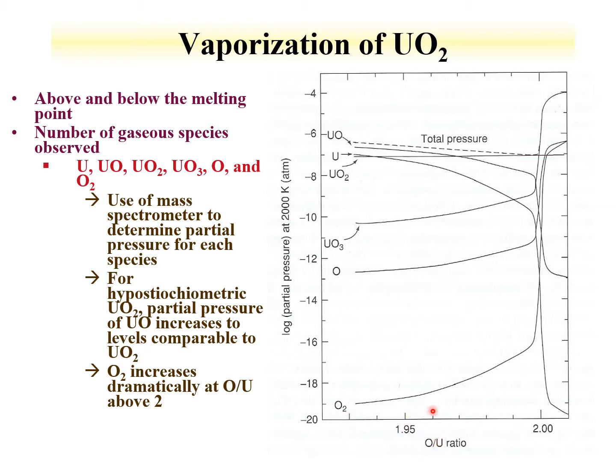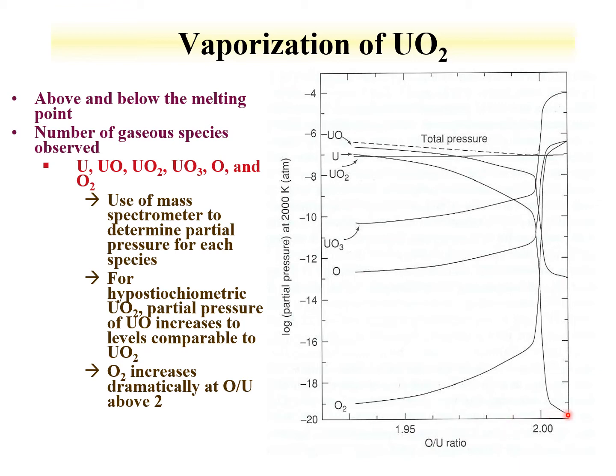And again we see, as we hit 2.00, we see this inflection. We see a change of not only the total pressure, which is shown here. Total pressure jumps up above 2.0, but we also see a change of the species. And again, this is useful for determining the exact ratio of oxygen to uranium.